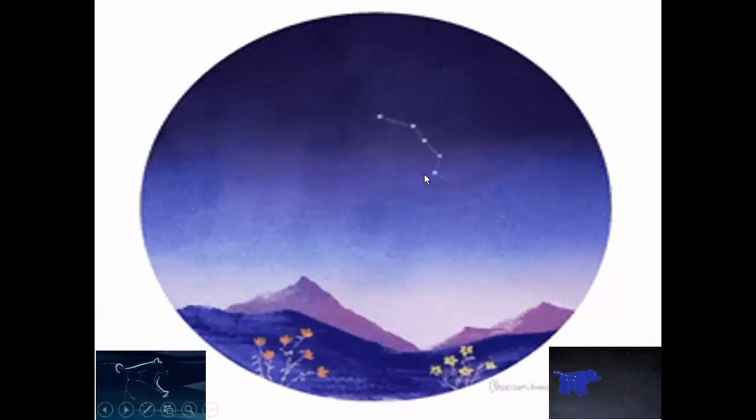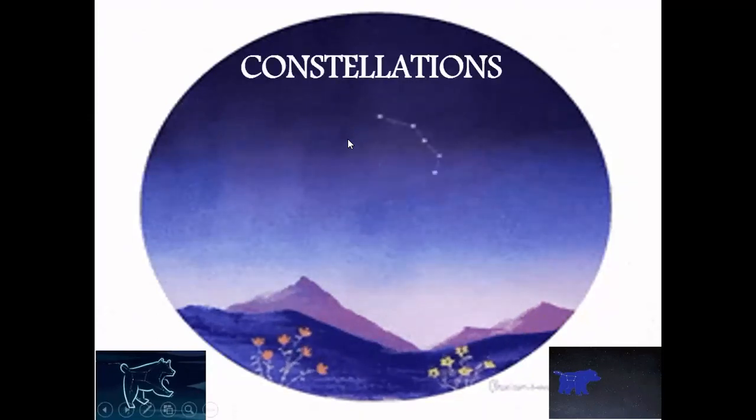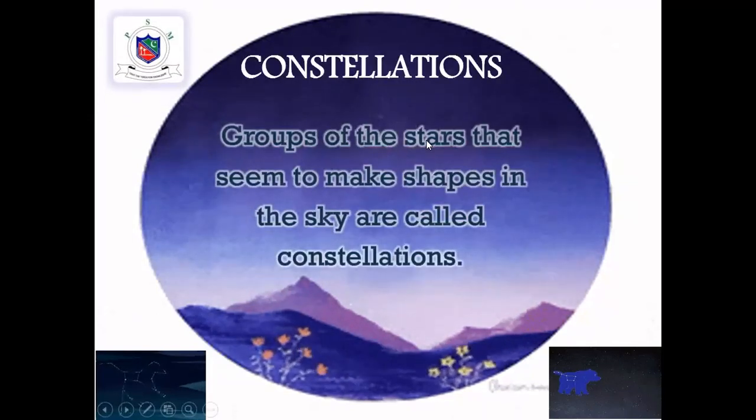In olden days, they helped travelers to find their way. If you know the shape of a constellation and its position in the sky, you can find it easily. So the group of stars that seem to make shapes in the sky are called constellations.